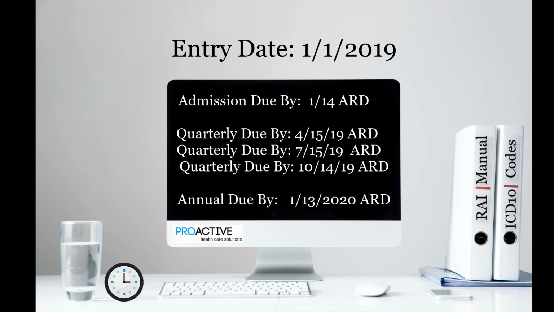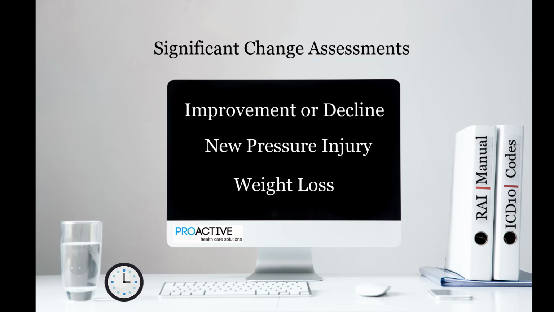The admission assessment would have been completed on January 14th. The next quarterly is due by 4/15/19. The next quarterly 7/15/19. The next quarterly 10/14/19. And then the annual would be due by 1/3/2020.